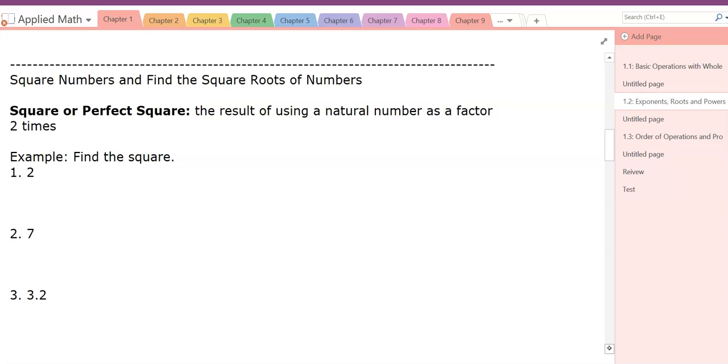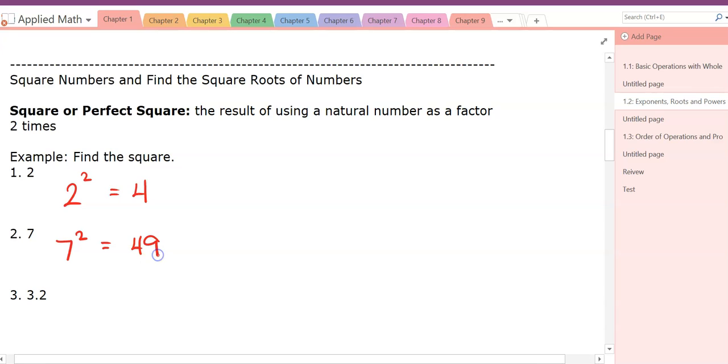So if I want to just find the square, that would be taking 2 to the exponent 2, which would be 4. 7 squared would be 49. And 3.2 squared is going to be 10.24. So you're just taking that number times itself.